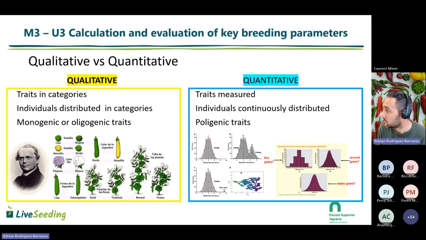Can you establish natural categories like the qualitative ones? No, you cannot. Of course, you can create artificial intervals of the yield: individuals from 0 to 1 kilo per plant, individuals from 1 kilo to 2 kilos, from 2 to 3 kilos, etc.